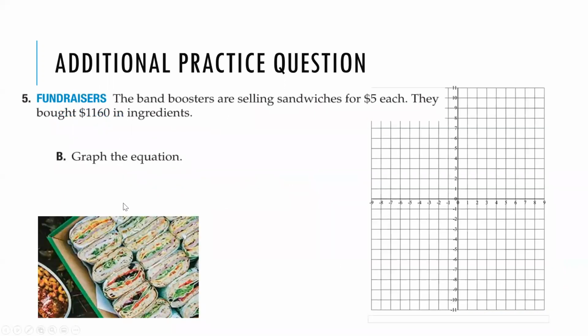Part B says to graph the equation. So remember, let me write it here for you: P is equal to 5n minus 1,160. Notice it's in slope-intercept form, so the y-intercept is negative 1,160. I know these are by increments of 1, but let's say they were by increments of 200.